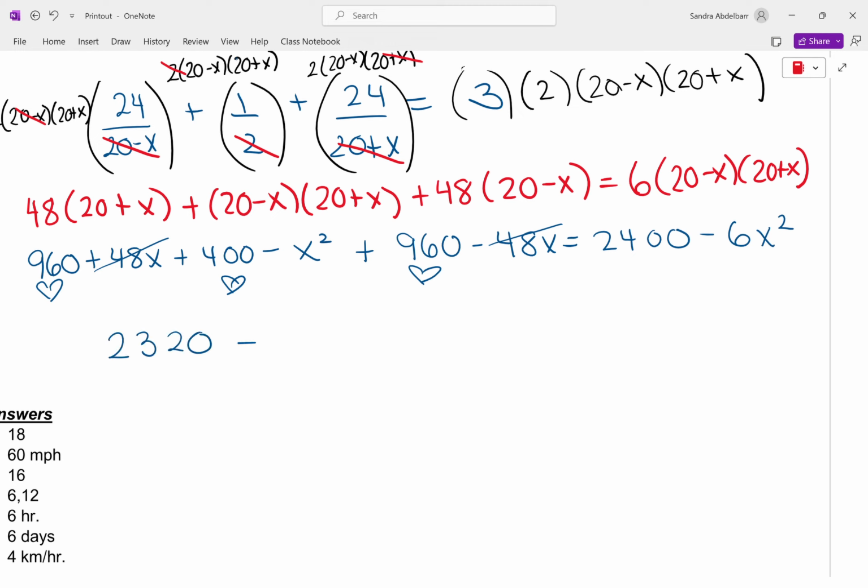So now we're going to combine like terms here. So we're going to have 2,320 minus x squared is equal to 2,400 minus 6x squared.